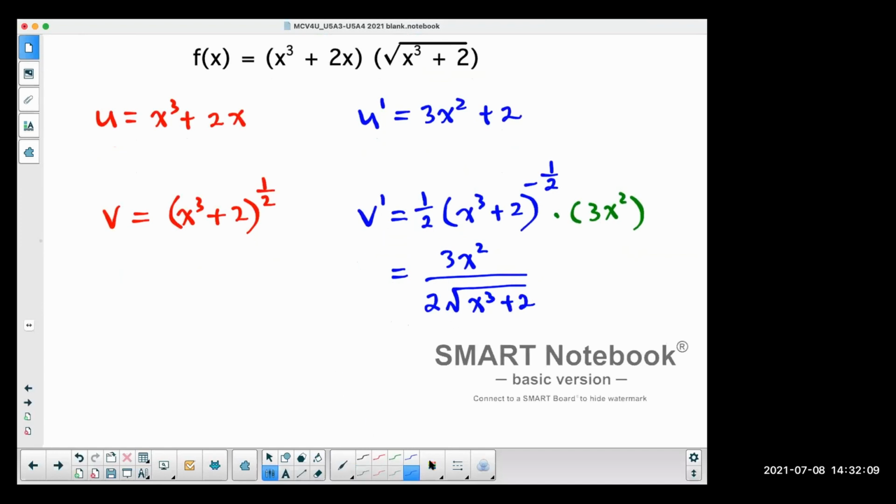Now I'm going to put everything together and fill in the blank. F prime at x is going to be U V prime plus V U prime. Why is it 3x squared? Because you're taking the derivative of x cubed. Bring down the power, x squared.